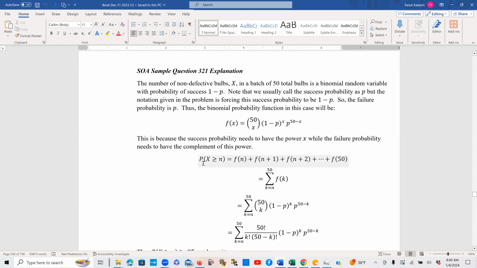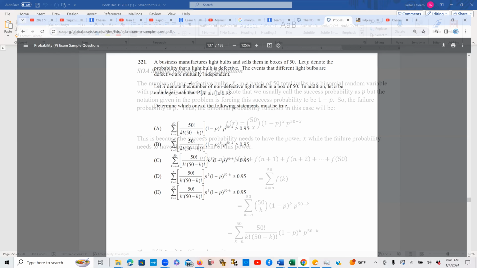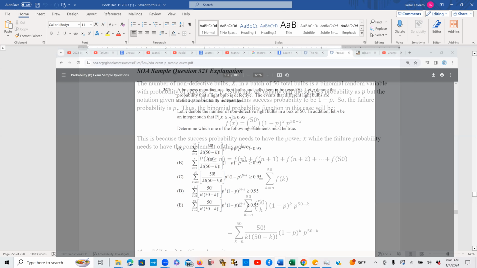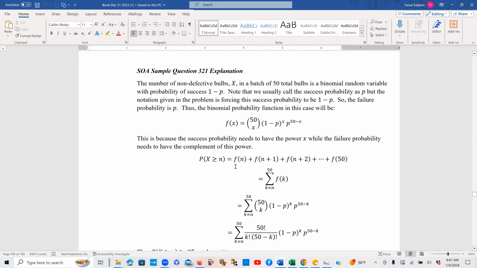And we are talking about the probability X is greater than or equal to n, in the problem towards the end. So that is the probability of X equals n plus the probability of X equals n plus 1 and so on up to the probability of X equals 50.